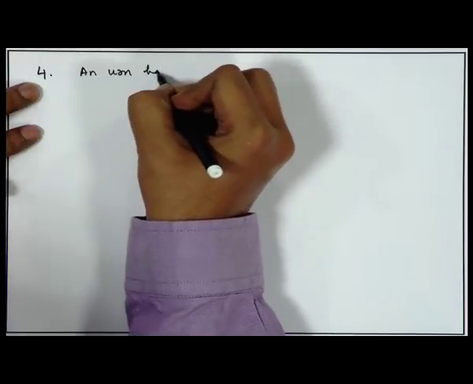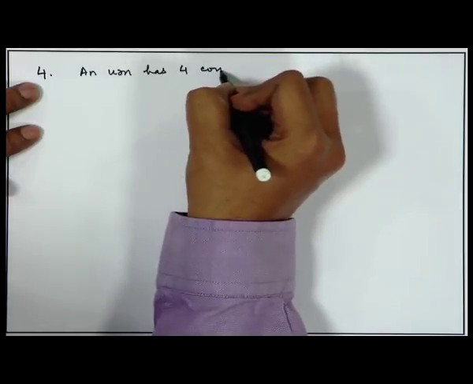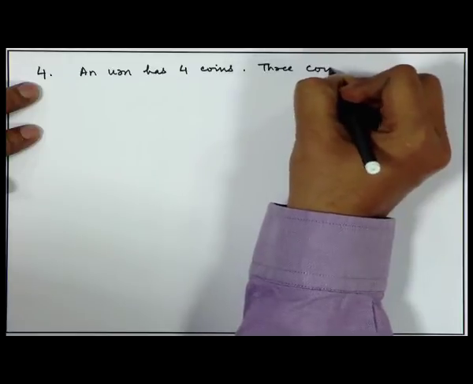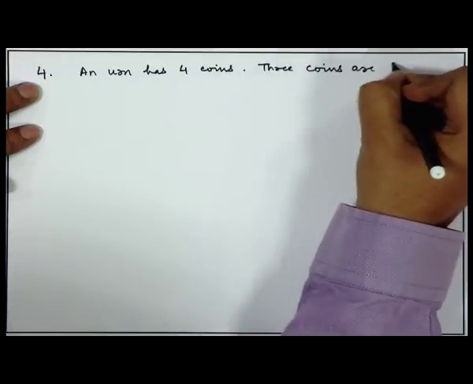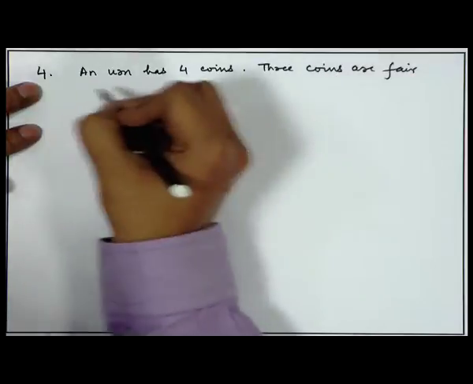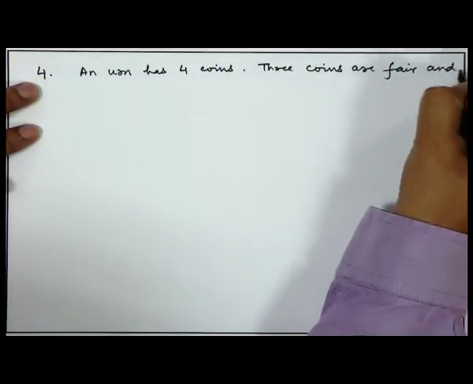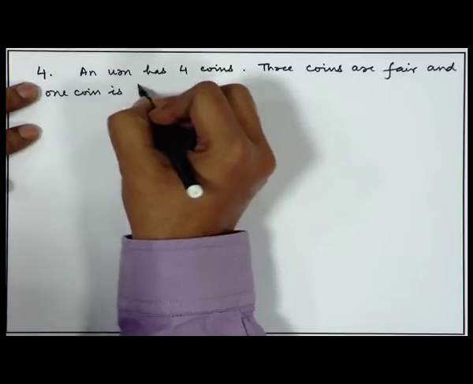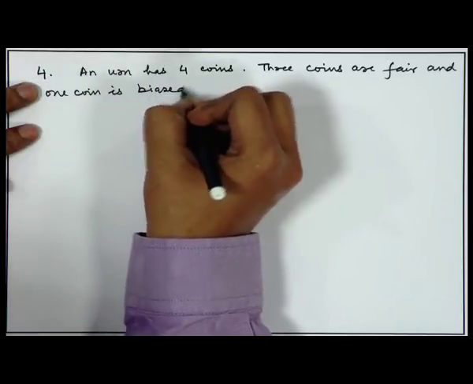An urn has 4 coins and it is given that 3 coins are fair and 1 coin is biased.